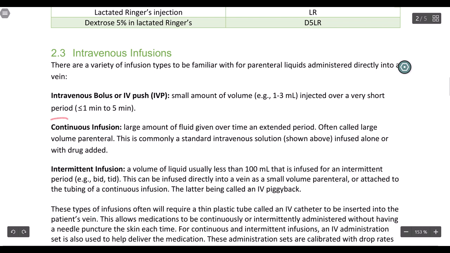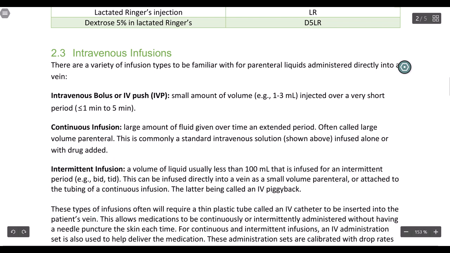You can have something that's called a continuous infusion. This is something that's usually going to be a larger amount of volume. Usually you're going to see those D5W, the NS, that's given, so the person is being given the IV for a long period of time. There's also intermittent infusions.